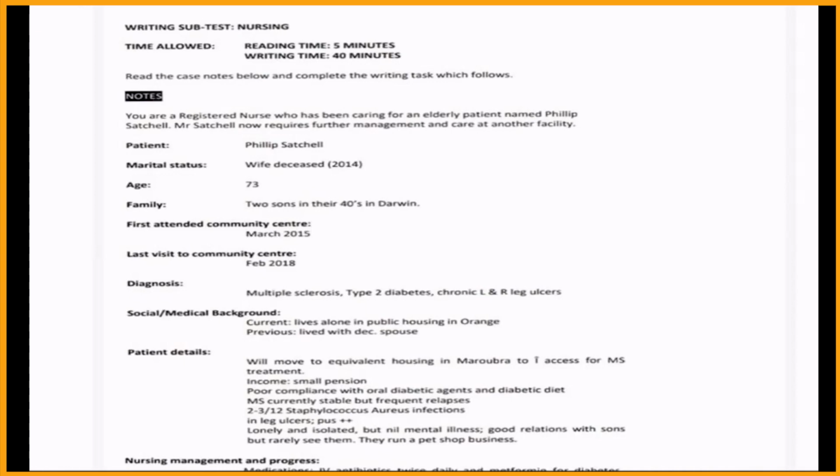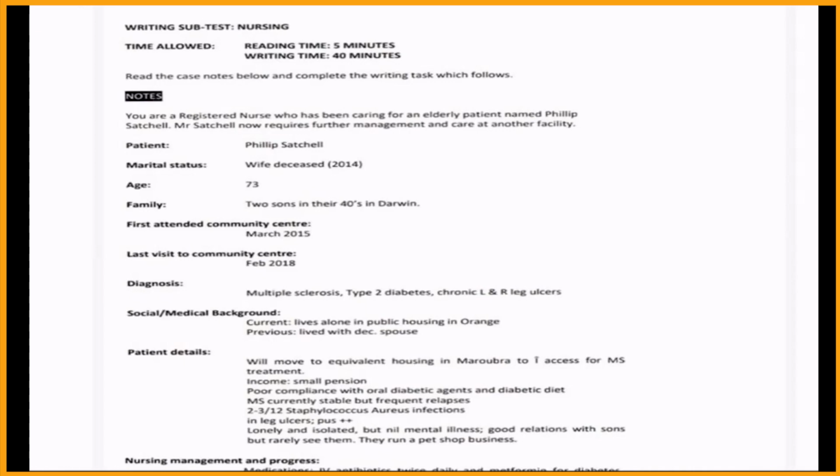Patient status: wife deceased, age 73, family: 2 sons in their 40s in Darwin. First attended community center March 2015. Last visit to community center February 2018. Diagnosis: multiple sclerosis, type 2 diabetes, chronic left and right leg ulcers.